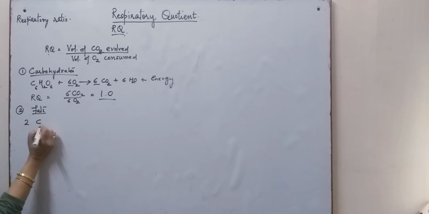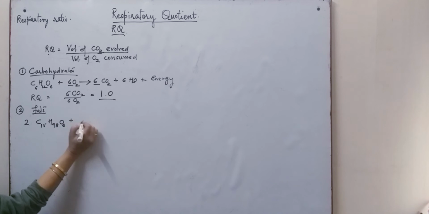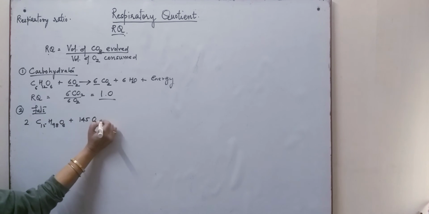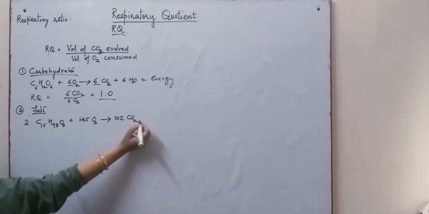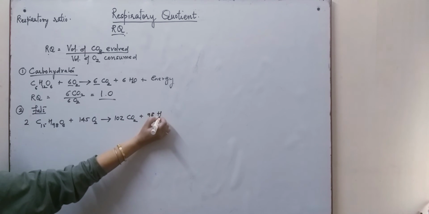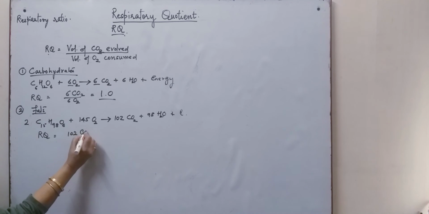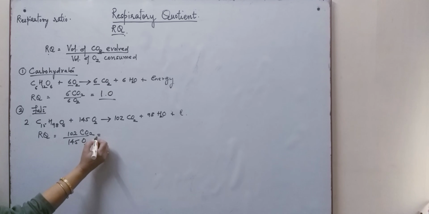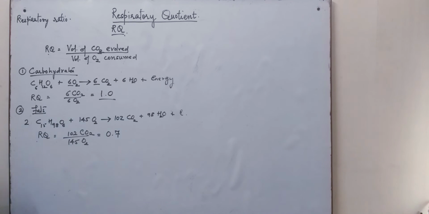We are using the balanced equation: C51H98O6 plus 145 oxygen molecules will give 102 molecules of carbon dioxide, 98 molecules of water, plus energy is released. Putting the values, we get 102 carbon dioxide by 145 molecules of oxygen, which comes to 0.7. So the RQ value of fats is 0.7.